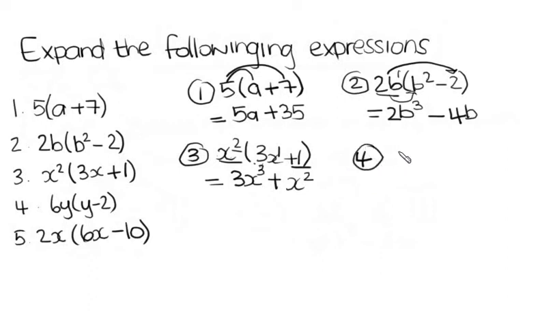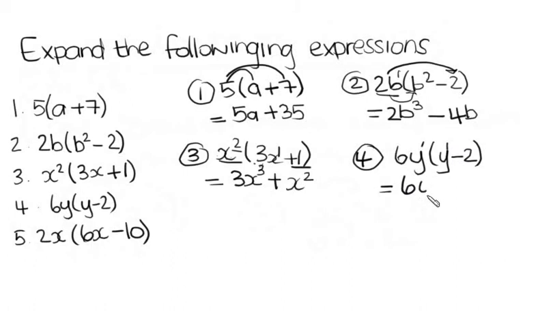Question 4. I have 6y, y minus 2 in the brackets. So then 6 multiplied by my invisible 1 over there would leave me with 6. y multiplied by y, I need to add my exponents with one another.